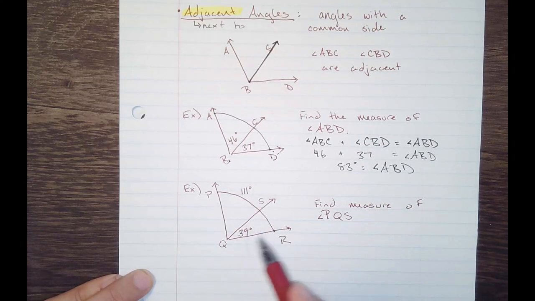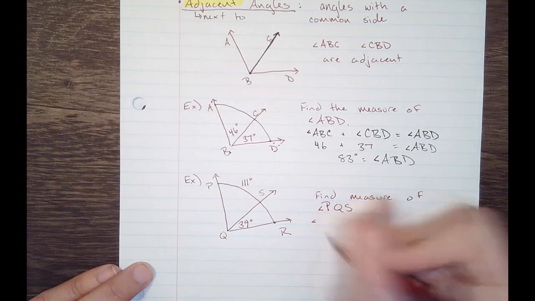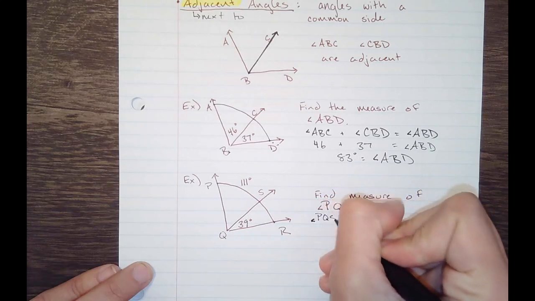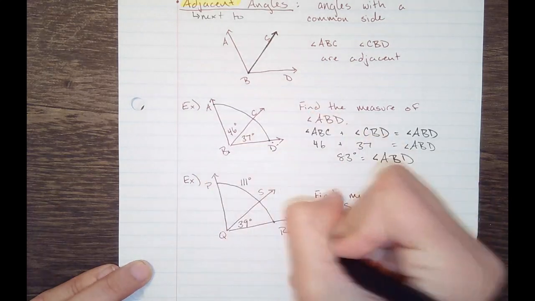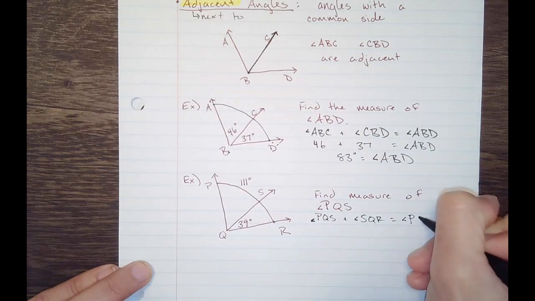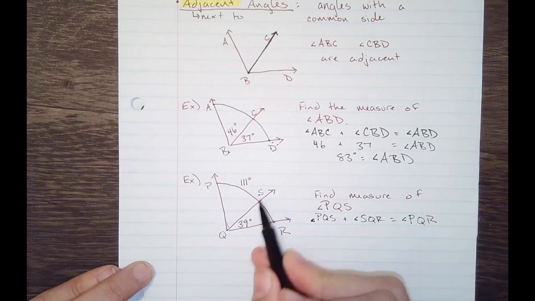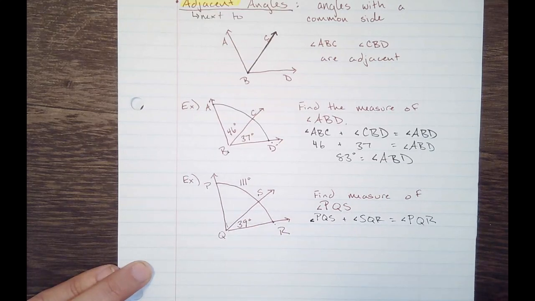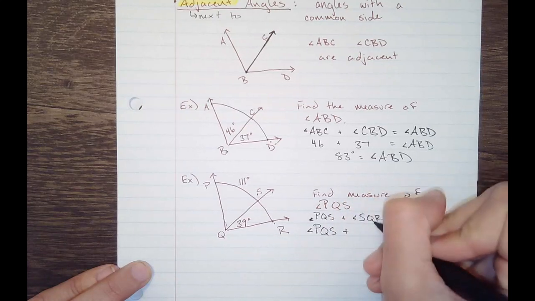Well, we know to get the entire thing, angle PQS plus angle SQR has to equal our entire thing. This plus this angle is going to give us the whole thing. And if we fill in what we know, SQR we know is 39 degrees, PQR is 111 degrees.